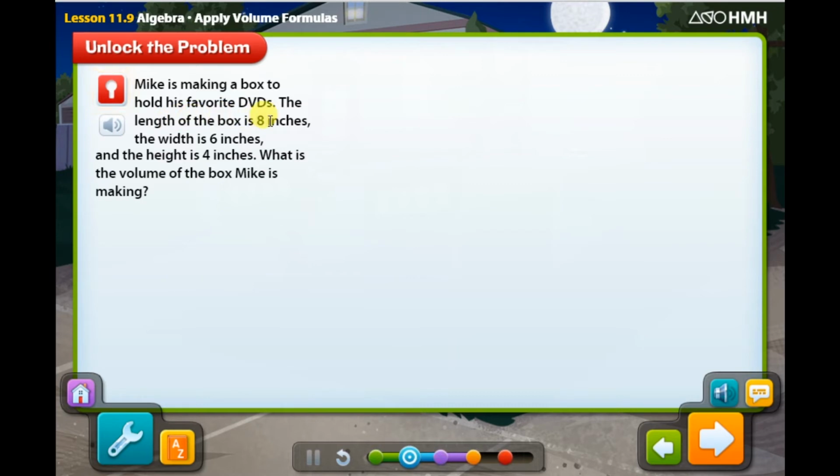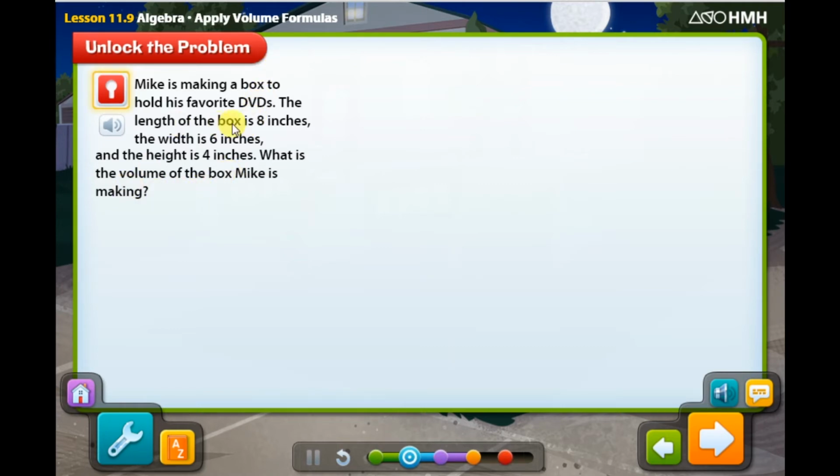First, the length of the box is 8 inches. The width is 6 inches. So these are the dimensions of the base. It has length 8 and width 6. Then what is the height of the rectangular prism? Its height is 4 inches. Now, what does he want me to find? What is the volume of the box Mike is making?